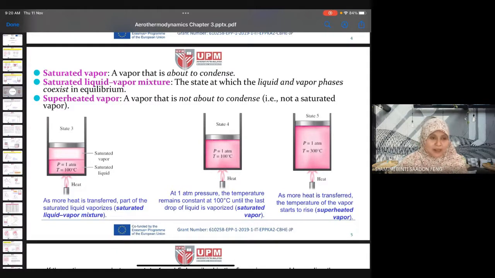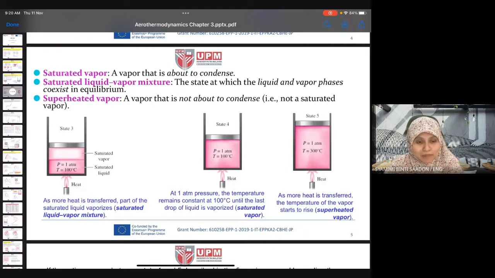And then we have saturated liquid-vapor mixture: the state at which the liquid and vapor phases coexist in equilibrium. This is the moment where the substance, the water, has a mixture of liquid and vapor.